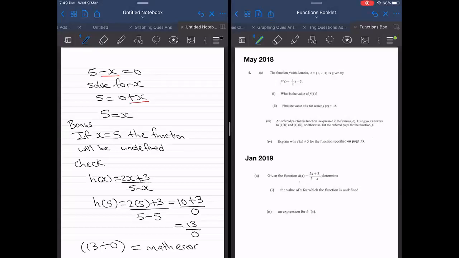Some kind of error message. That is because in general, any number divided by 0 gives you a math error. So we cannot divide numbers by 0. That is why it's undefined. Undefined sounds as if not in existence. So if the denominator is 0, we say that the function is undefined because we would not be able to work it out.